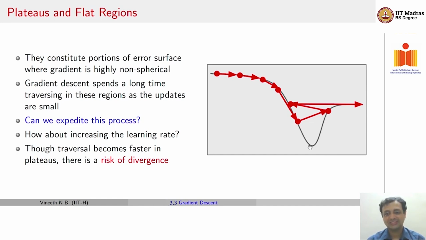So while you wanted to go towards this minimum, you took a large step and went to this value along the w-axis, and at that value along the w-axis, the error turns out to be high. So if the learning rate is too high, you actually go to a point of higher error, and once again from there, if the learning rate is high, an even higher error, and you diverge out of that local minimum rather than converge to that local minimum. Maybe this is not the right local minimum you would have wanted to converge to. In that case, keeping the learning rate very high is really not going to help you.